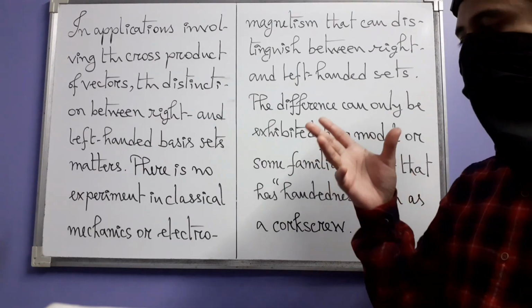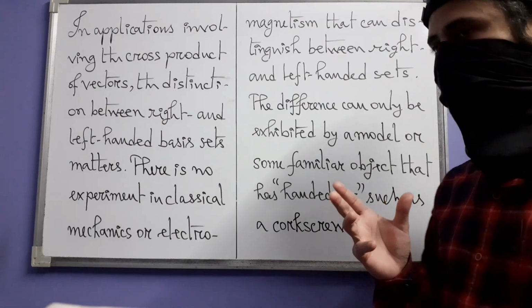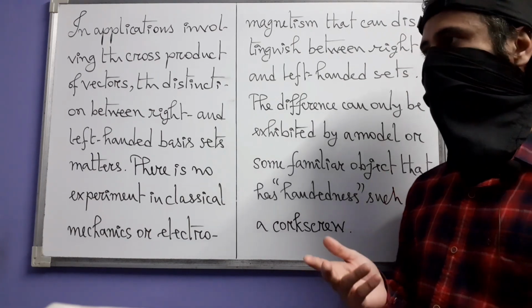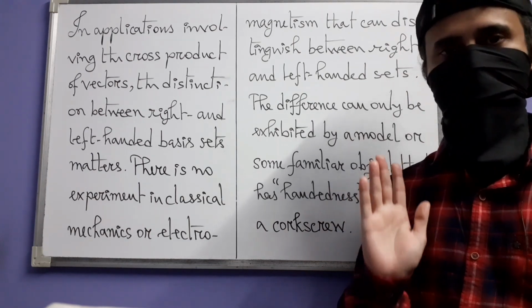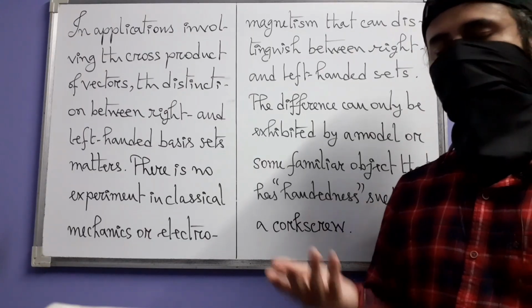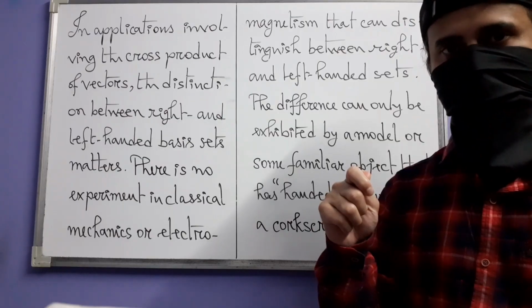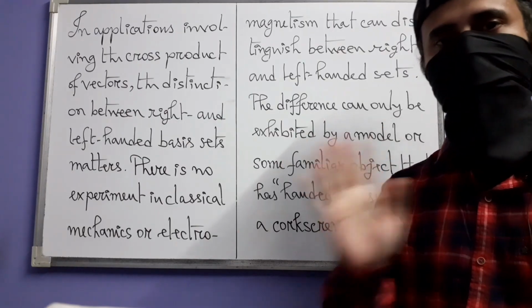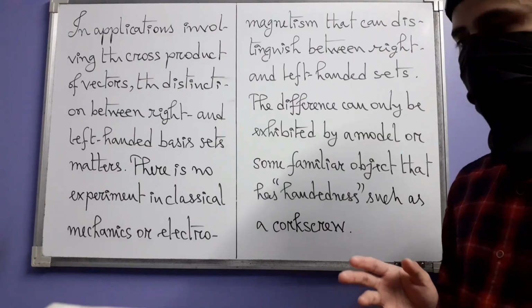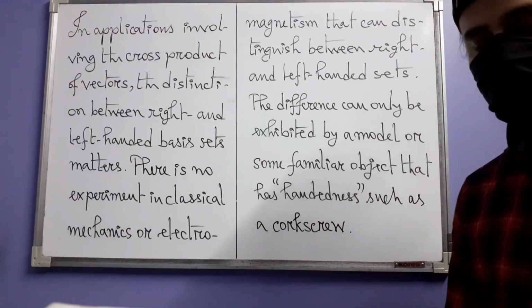Recall that a set of three vectors is called an orthonormal set of vectors or an orthonormal basis if all the vectors are unit vectors, they all have magnitude 1, and they are mutually perpendicular. That is, if you take any two distinct vectors from that set, then their directions are perpendicular to each other. So for such a basis set, let us see what right-handedness means.